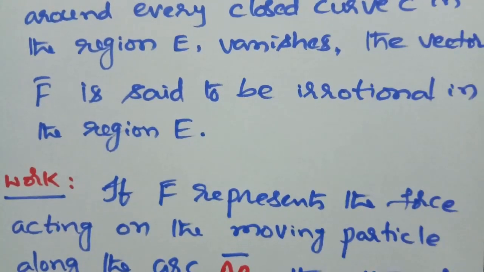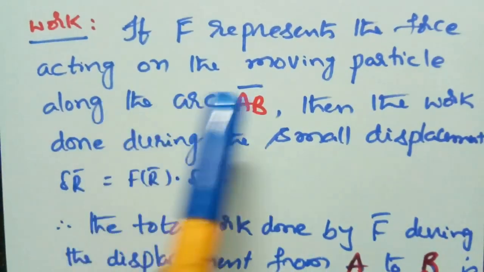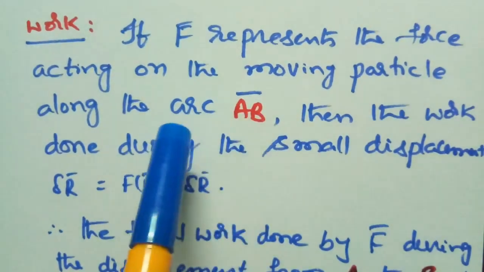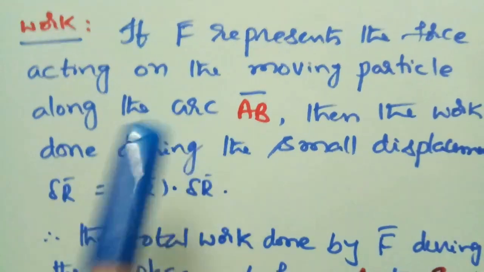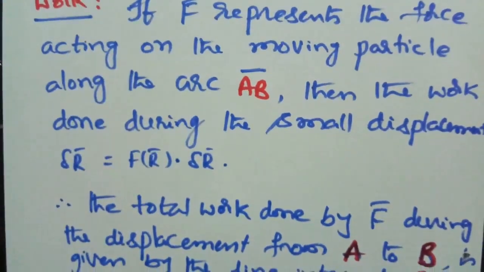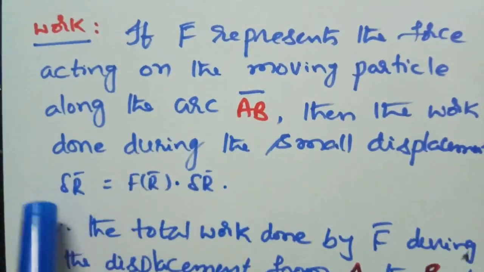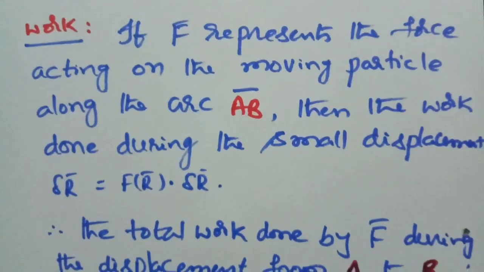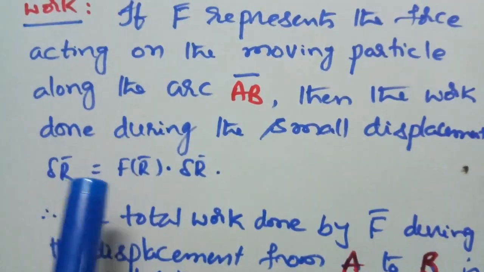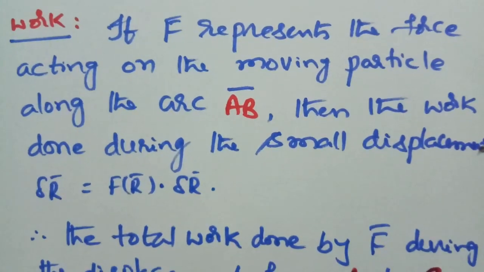And work done. Work done means, if the force F bar represents the force acting on a particle moving along the arc AB, then the work done during the small displacement delta Ri is F of R bar dot delta R bar.